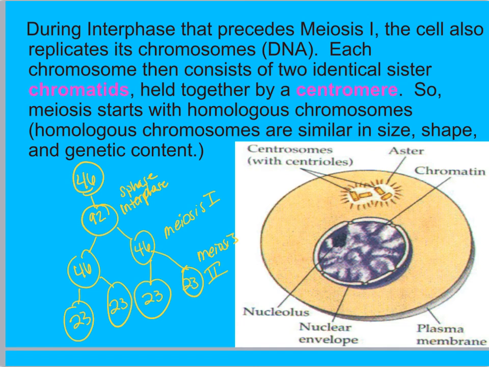Okay, so that's how the math works out. Your chromosomes are going to pretty much still be the same because you've duplicated them. So you have your identical sister chromatids. They have the centromere in the middle. Remember, your homologous chromosomes are going to be similar in size, shape, and genetic content.